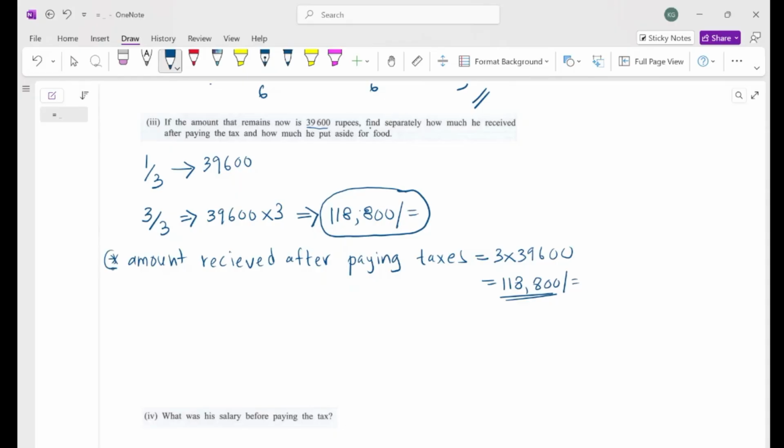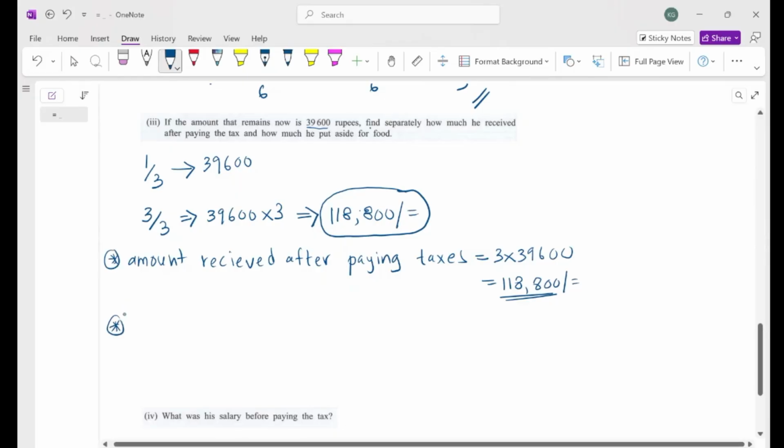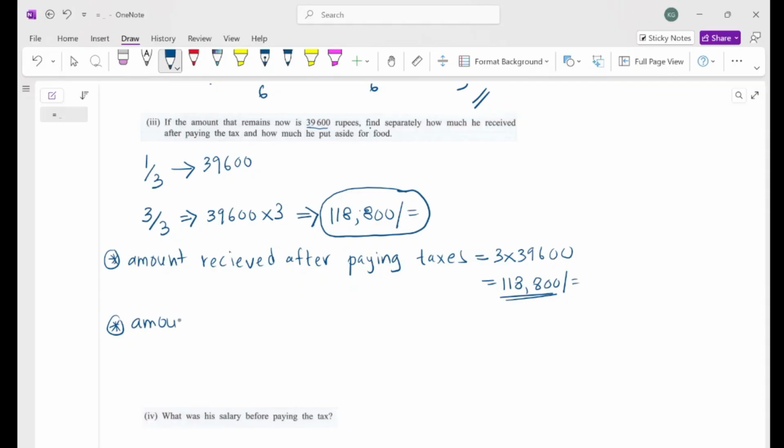Okay, let's move to the second part of the question. How much did he put aside for food? Amount for food. We know the fraction he put aside for food is 1 out of 6 of the total amount. The total amount is 118,800.